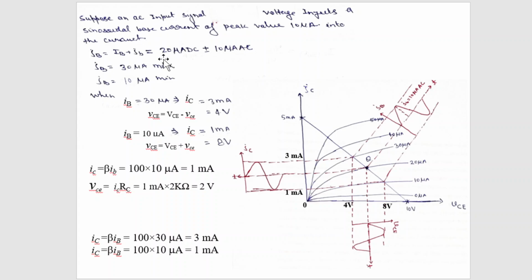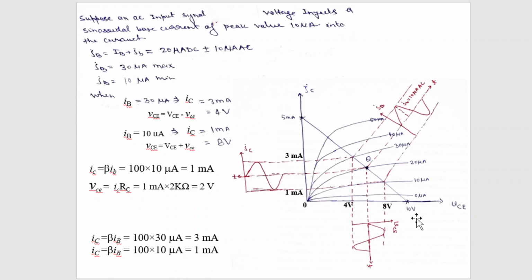That is 20 microampere DC current plus minus 10 microampere AC current. That means this 10 microampere will aid during the positive half cycle, and during the other half cycle it will subtract. So the total base current we are applying at the input is changing from 30 to 10 microampere. This 30 microampere will be the maximum current and 10 microampere will be the minimum current.